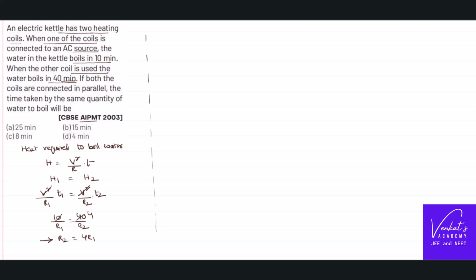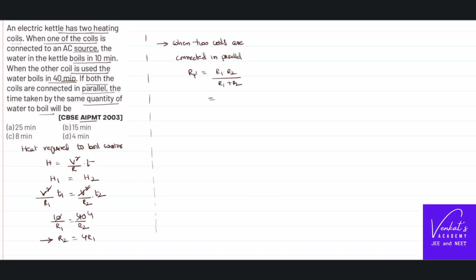Now he is saying if both are connected in parallel, what is the time taken by the same quantity of water to boil? Now also we want to do the same job, but when the two coils are connected in parallel, the effective resistance in parallel equals R1 R2 by R1 plus R2.